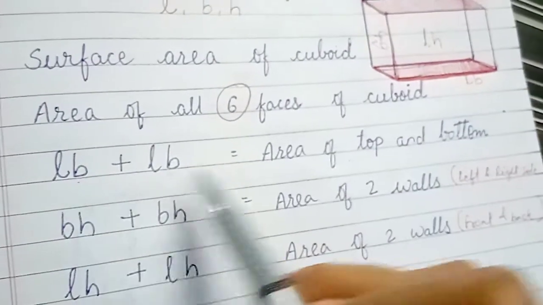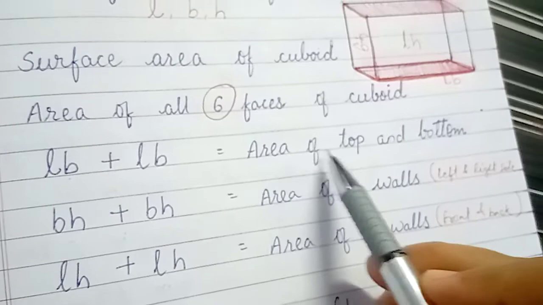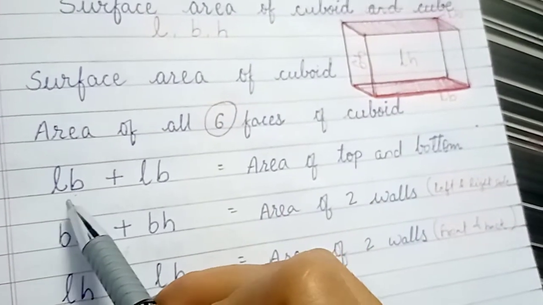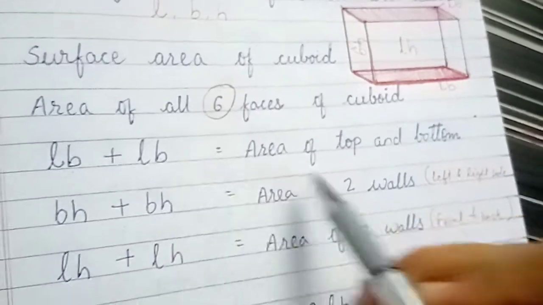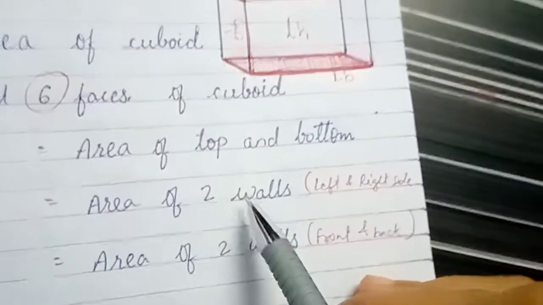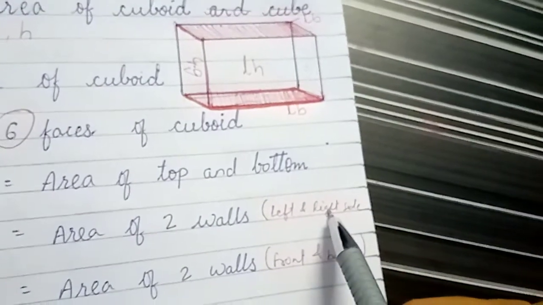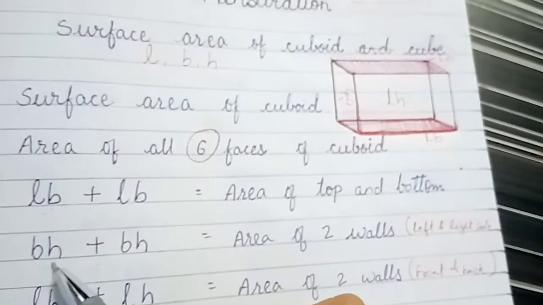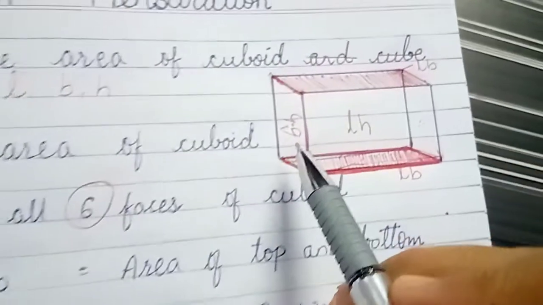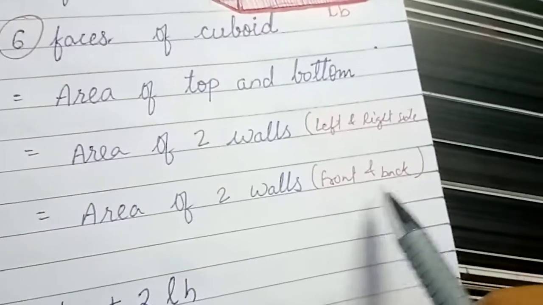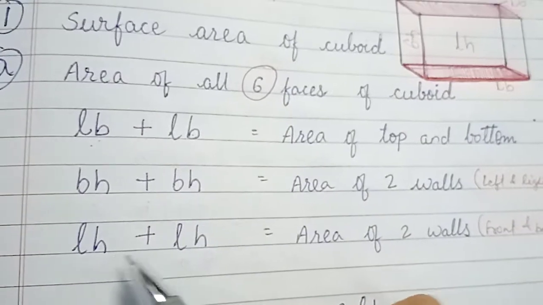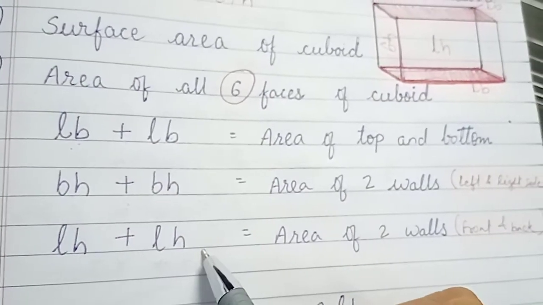It has 2 faces, top and bottom, whose area is LB and LB. Total 2LB. 2 walls, left side and right side, area is BH and BH. See, I have told you this is BH. Then front and back, LH plus LH.